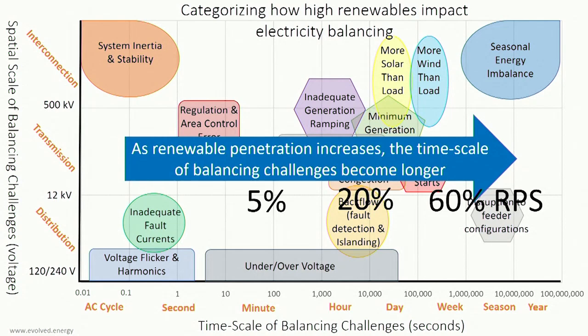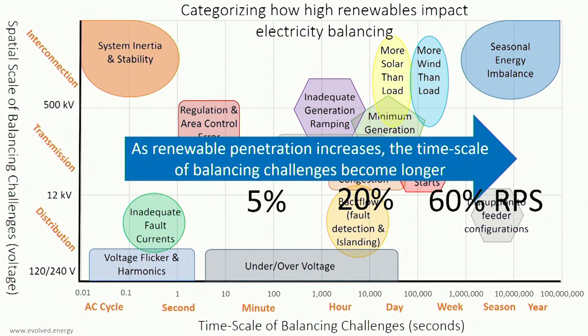So this chart shows the spatial scale of balancing challenges, whether that's on an interconnection-wide basis, transmission basis, or a distribution basis, and then the time scale on the bottom of the balancing challenge. So that's in seconds. And as you can kind of see, as we move further along in terms of our renewable deployment, we're going to start hitting very different problems.